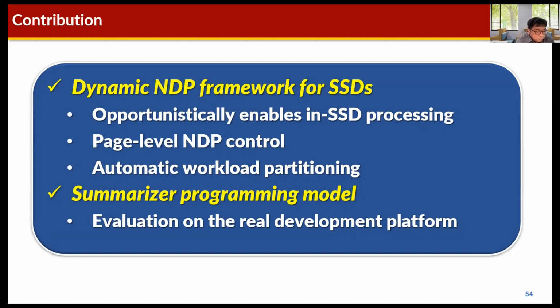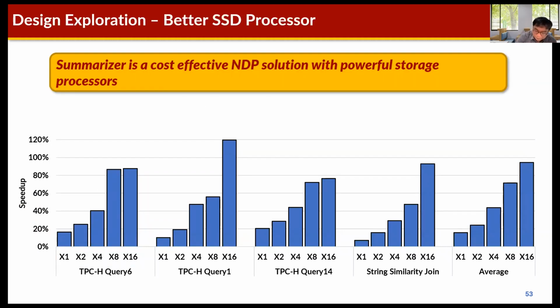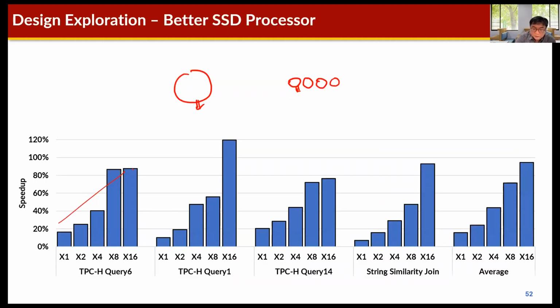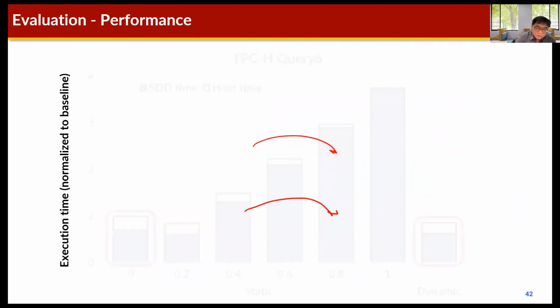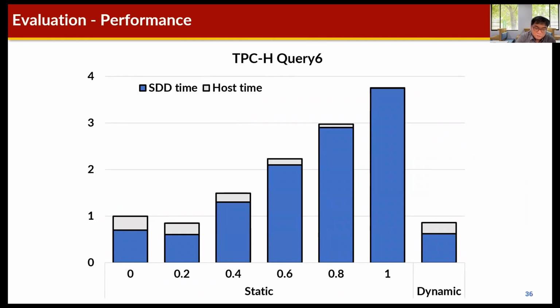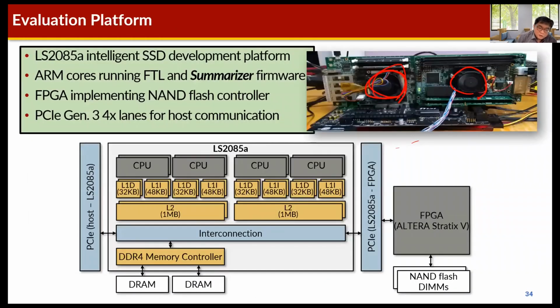So one student asked about how to increase the number of cores in this evaluation board. This is the architecture of the evaluation board, and this ARM core has many cores.